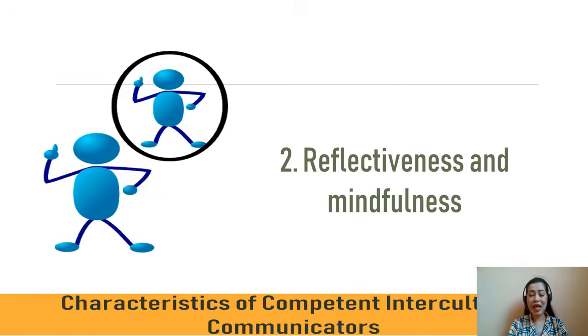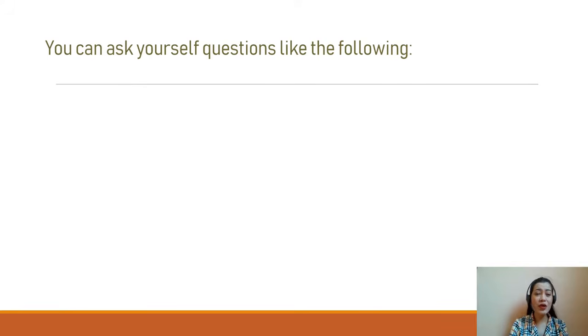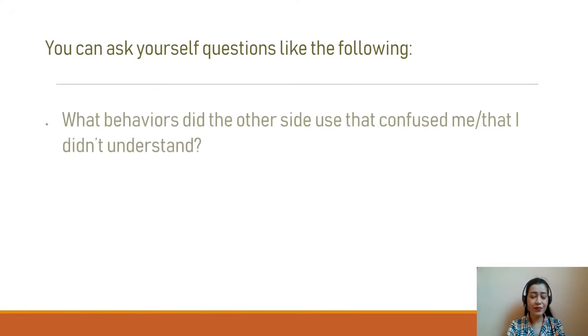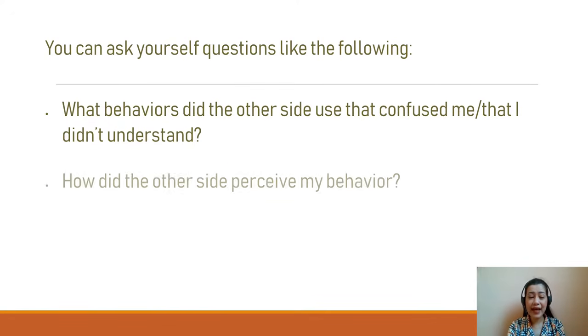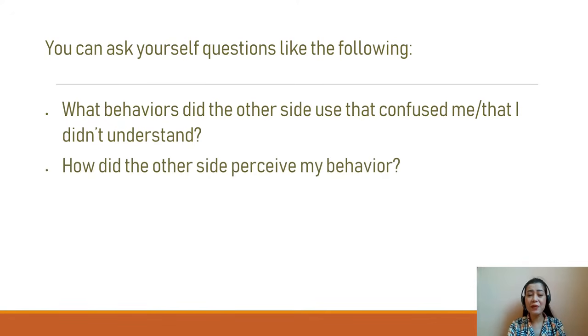And for you to be able to develop your reflectiveness, I have here some questions that you can use. So you can ask yourself questions like the following. First, what behaviors did the other side use that confused me or that I didn't understand? Next, how did the other side perceive my behavior?